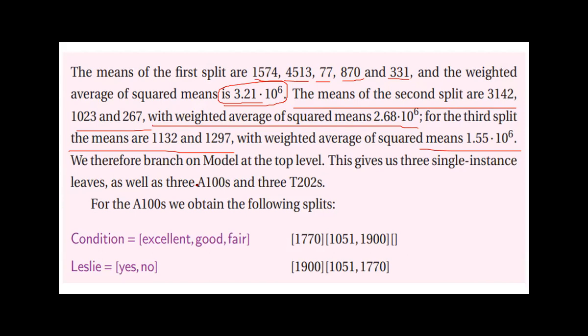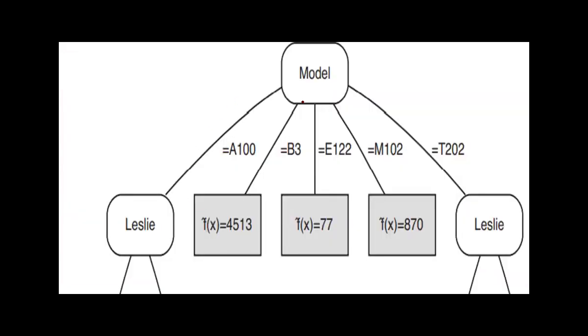We therefore branch on model at the top level. We jump onto model because of the weighted average squared means and the distance. So this gives us 3 single-instance leaves, as well as 3 A100s and 3 T202s. For A100, this would be our model.